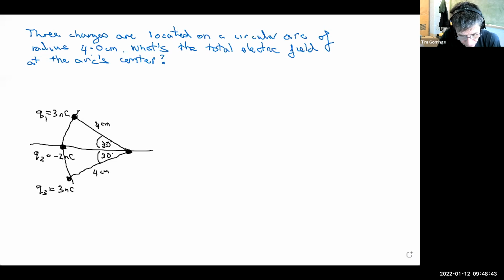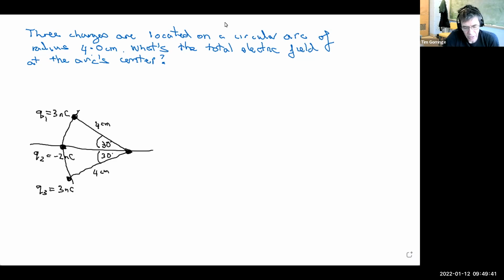They're each 4 centimeters from the center of the circle. As you see in this arrangement, Q2 is horizontally to the left from the center of the circle, and Q1 and Q3 are 30 degrees above and 30 degrees below the horizontal.